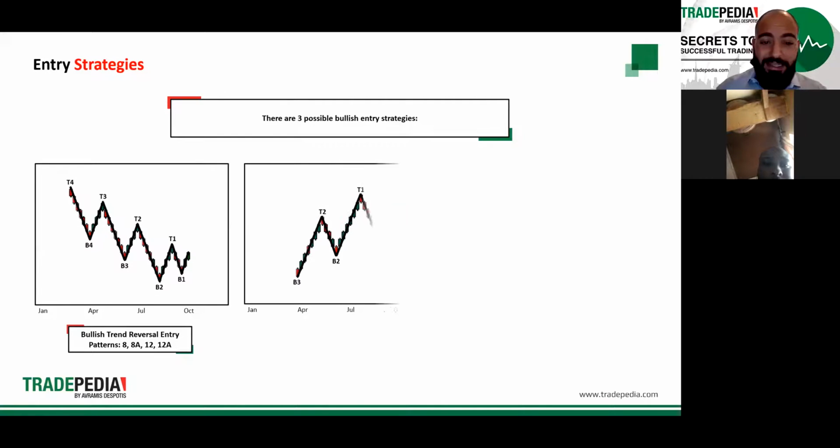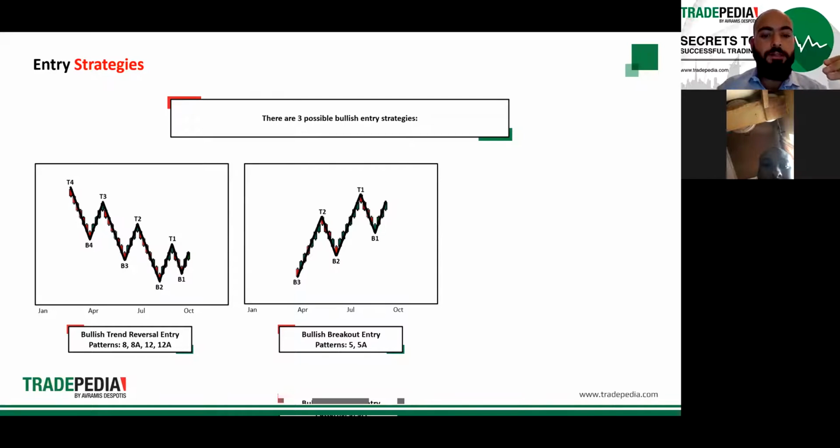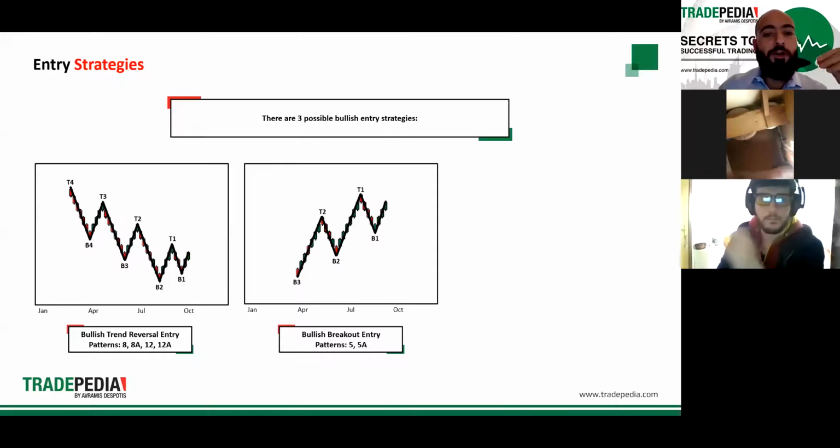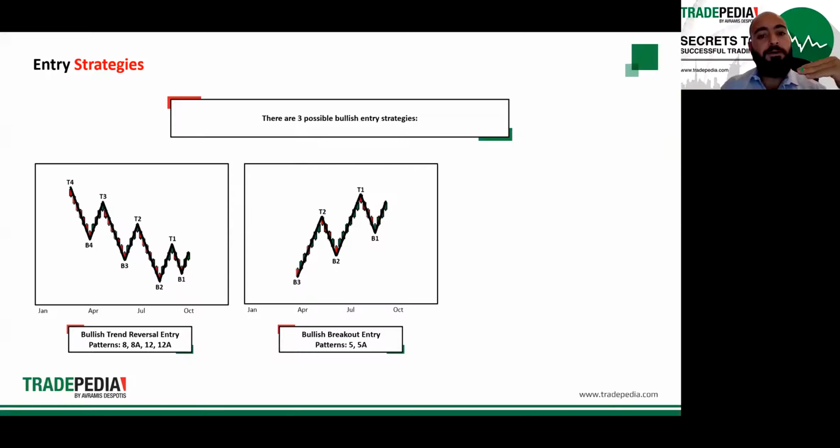Now, the second entry is what we like to call the trend confirmation entry. It is called the breakout entry. So once a trend starts, the break above the second top is the move that confirms the trend. So the move that further confirms the trend is the move above the second top in an uptrend.